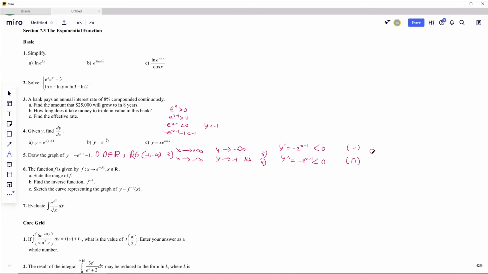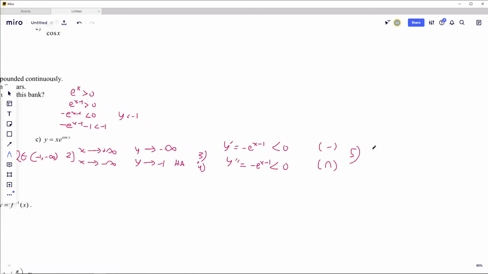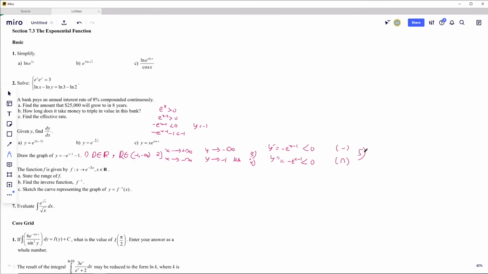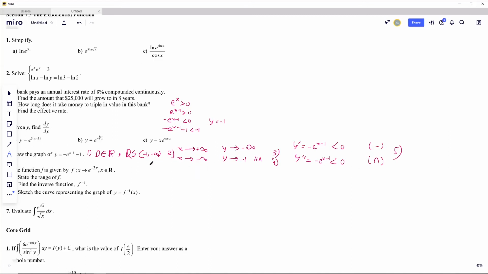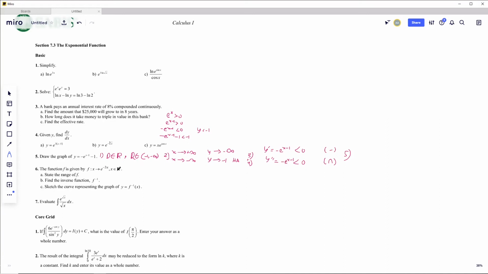Fourth thing, I think the fourth could be a table of variation and stuff, but I really don't need it for e to the x. It's super easy. Fifth is intercepts, y-intercept and x-intercept. I'm not gonna be bothered to do the x-intercept, so I'm gonna do the y-intercept, when x is 0.